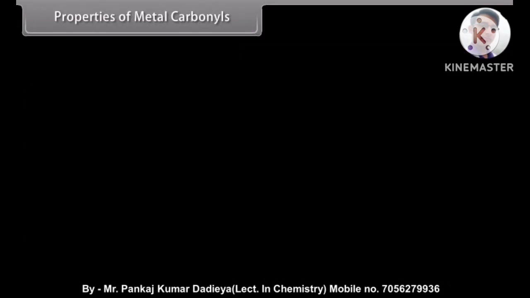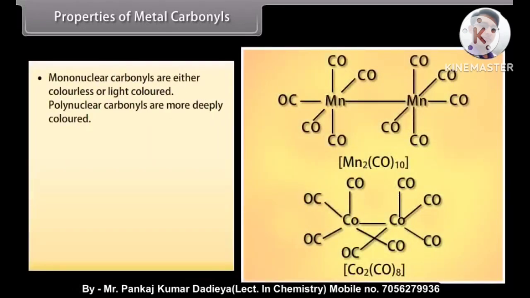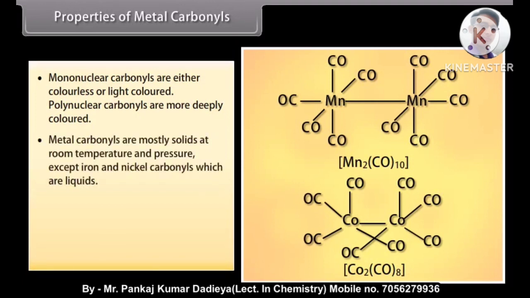Properties of metal carbonyls. Some important properties of metal carbonyls are following. Mononuclear carbonyls are either colorless or light colored. Polynuclear carbonyls are more deeply colored. Metal carbonyls are mostly solids at room temperature and pressure except iron and nickel carbonyls, which are liquids.